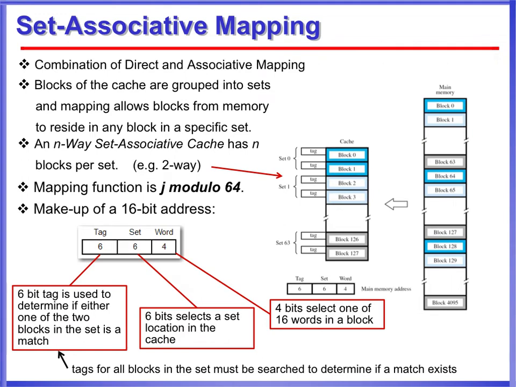And in these groupings, we call them sets. Okay, so now this is a two-way set associative cache, which means there's 2 block positions in cache that these 64 could be copied into. A 3-way means that the set consists of 3 blocks where any one of these could fit into. A 4-way, etc.